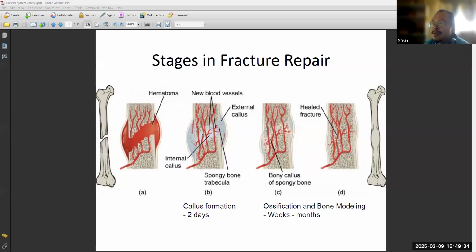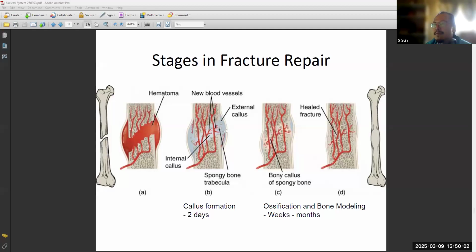Then that allows space for the chondrocytes to come in. So callus formation is pretty quick, in a couple of days you will have the callus formation. The very important procedure right now is to make sure that the two ends of the bone are aligned pretty well, so when they grow together, they will grow together in the right orientation.